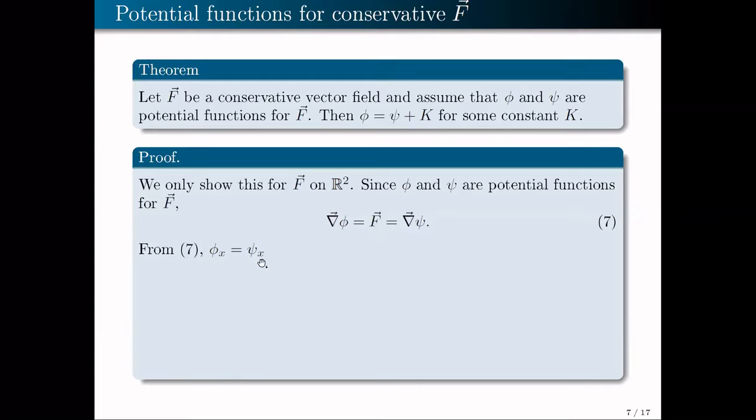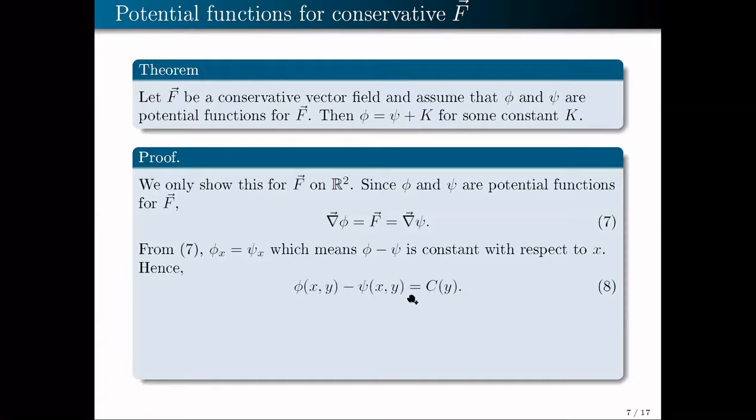Then phi sub x minus psi sub x equals 0, which means that phi minus psi is constant with respect to x. Okay, so in symbols, we have phi minus psi equals some constant with respect to x.